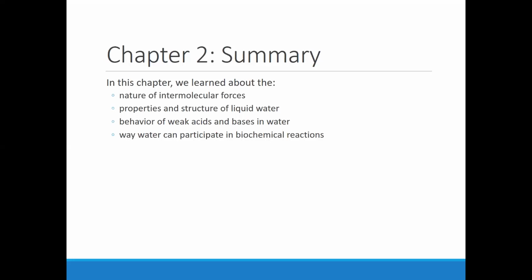We also talked about ways water participates in these reactions via a buffering system. We talked a lot about blood buffering and other buffering systems. And again, how to get information about that buffering system.